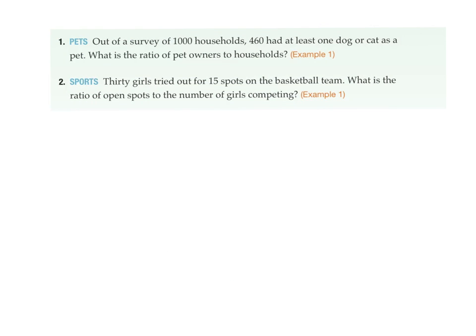Okay, so if you have a look at question number 1, it says out of a survey of 1,000 households, 460 have at least one dog or a cat as a pet. What is the ratio of pet owners to households? Here's your first problem. Which goes on the top, which goes on the bottom? Well, it's out of a survey of 1,000, so the 1,000 goes on the bottom.